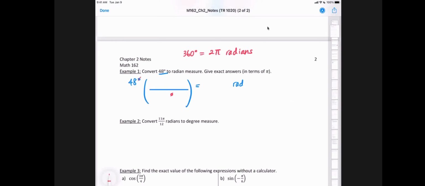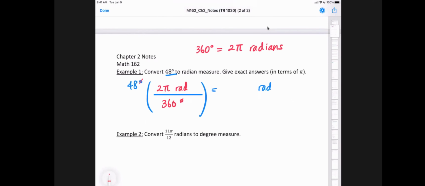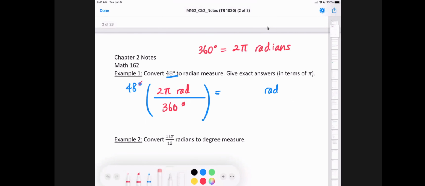So then what's attached to the degrees? 360. So 360 goes in the denominator, and 2 pi radians is in the numerator. And so you can see that the degree units cancel out, and what we're left with as a unit is radians, and that's what we want to end up with.